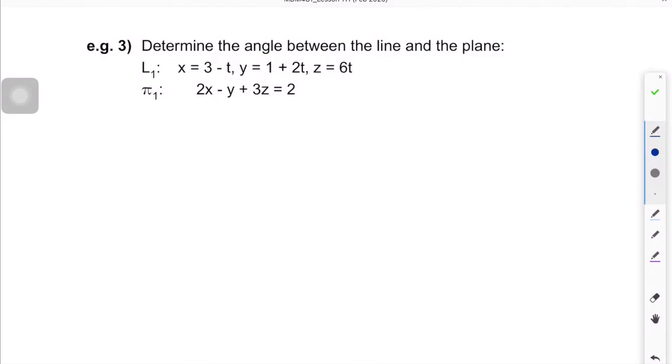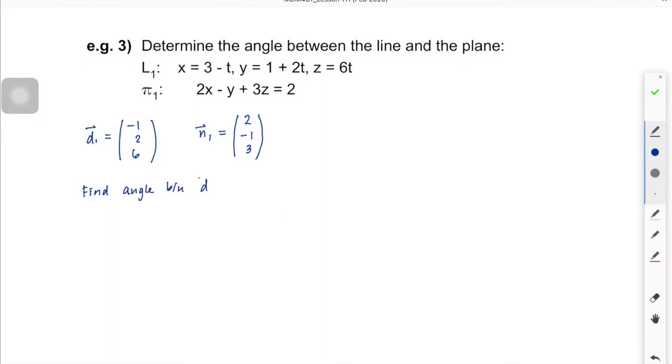Looking at the given in example 3, the line is given in parametric form. I can identify its direction vector using the coefficients of t, the parameter, so -1, 2, and 6. And the plane is given in Cartesian form again, music to our ears, because then its normal is 2, -1, and 3.